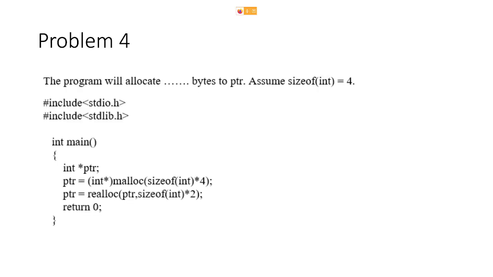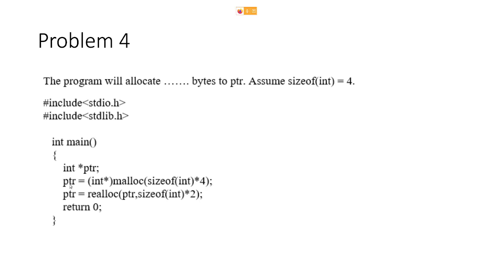Moving on, problem 4. Here it says that the program will allocate dash bytes to pointer. So you have to tell how many bytes will be allocated to ptr, assuming that the size of an integer is 4 bytes. Here you have first declared a variable ptr, which is a pointer to an integer.